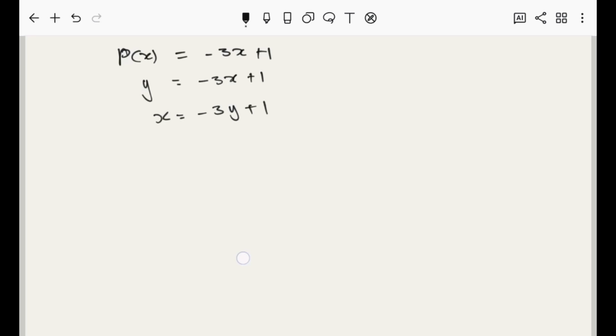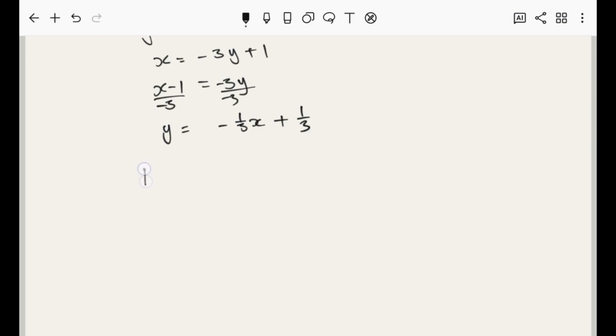Doing that, we get x minus 1 is equal to minus 3y. We divide throughout by minus 3, so that we get y is equal to minus 1 over 3 x plus 1 over 3. Our p inverse of x is this function.